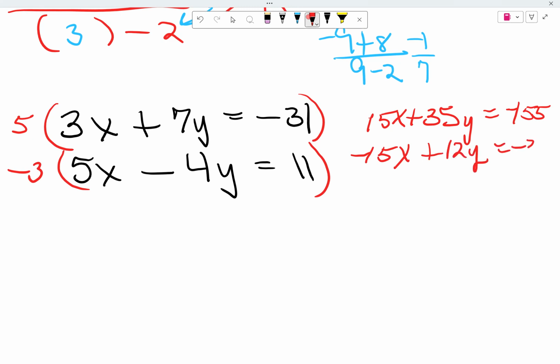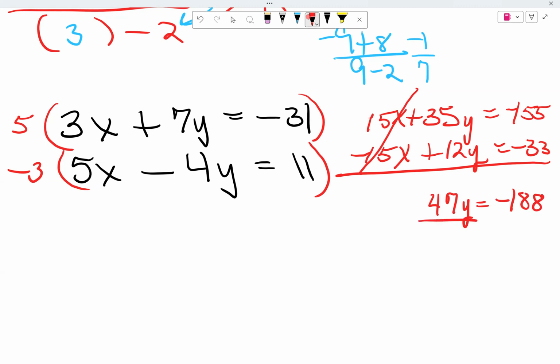And this is equal to negative 33. That's okay. So these guys cancel, and I end up with 47y is equal to negative 188. Divide by 47 on both sides. I'm getting y is equal to negative 4.